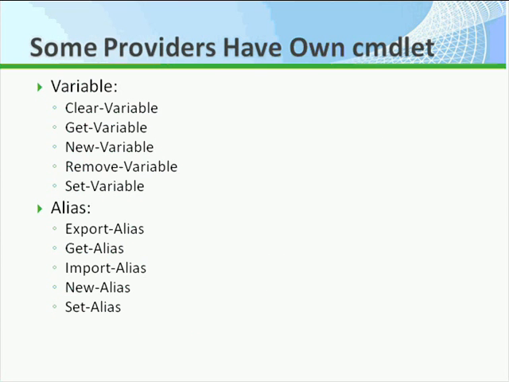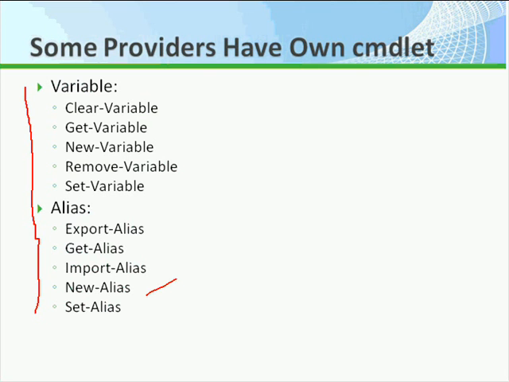I could create a new alias by using new alias, and that's going to be easier than going to the specific drive to create those items by using new item. You can get away with not using these, but these make it just a little bit easier to do this, and they also expose some values that wouldn't be available otherwise.